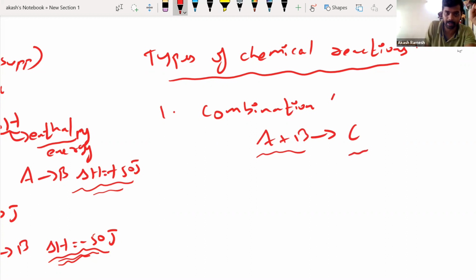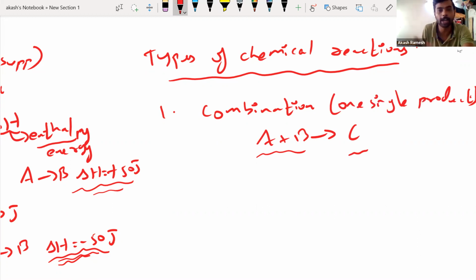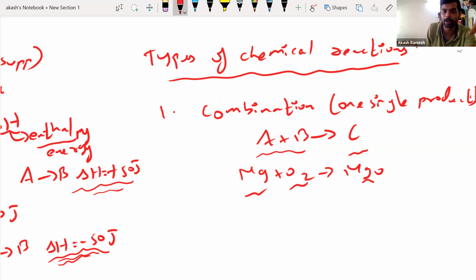Now, please understand, people, I should have only one single product in the case of a combination reaction. I should not have multiple products. Say if you want an example, we can take magnesium plus oxygen giving MgO. You have A and B forming C. Very simple.